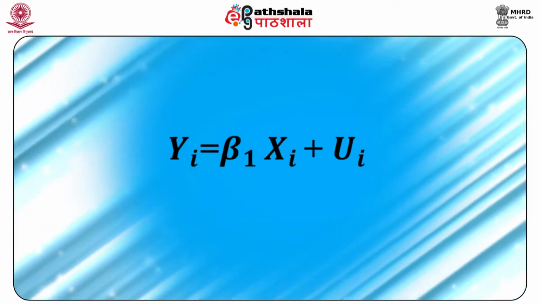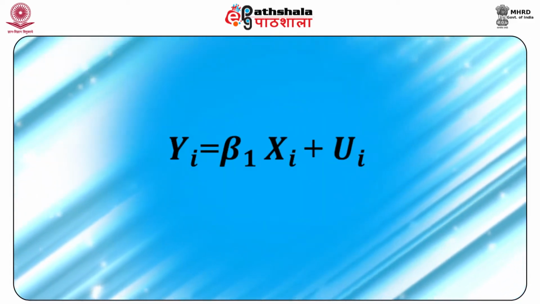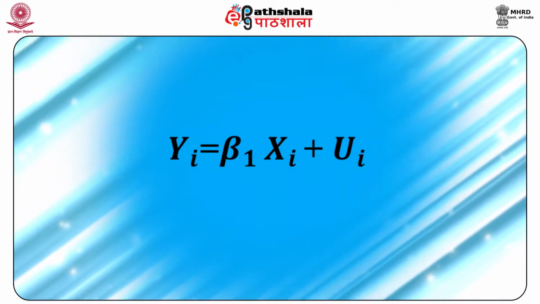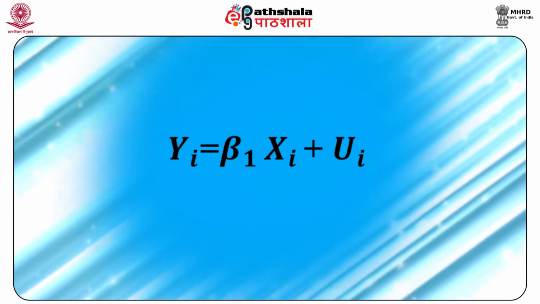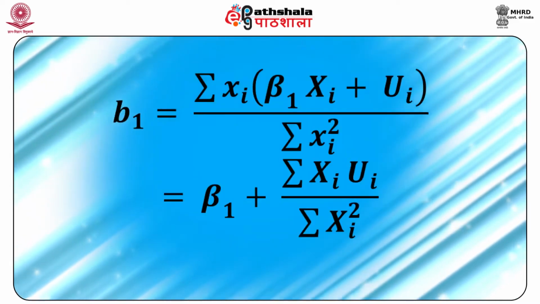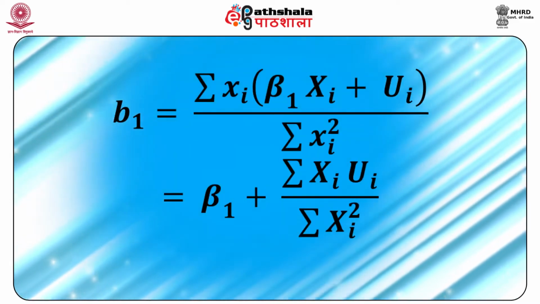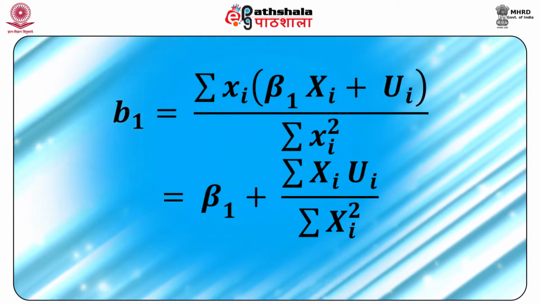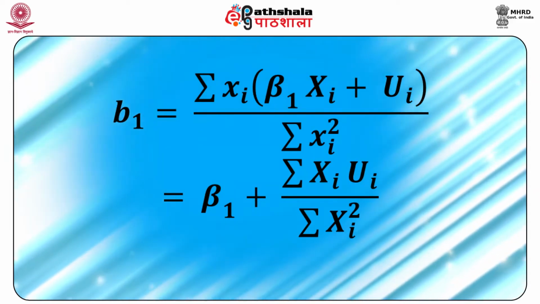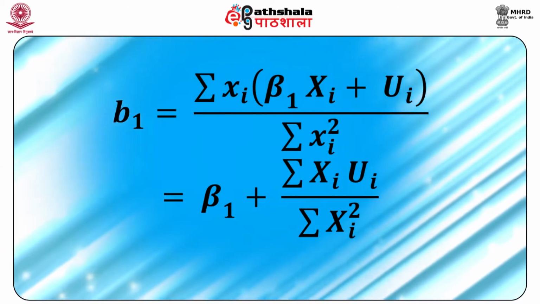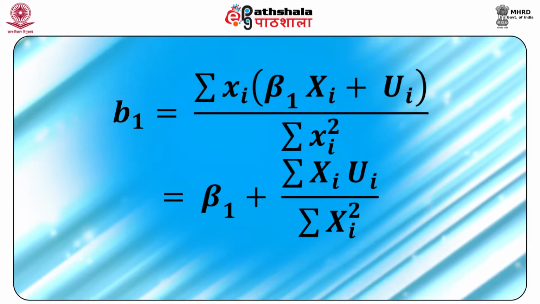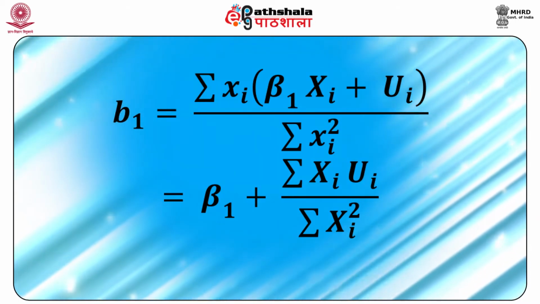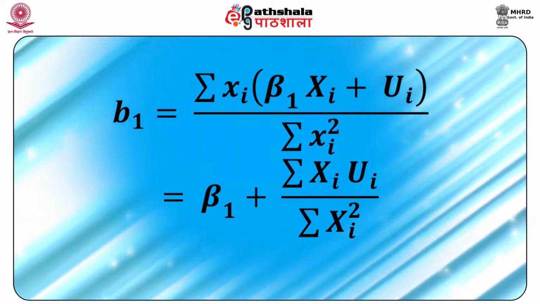Now if you substitute the population regression function, which is Yi equal to beta 1 Xi plus ui, into this equation, we will have b1 equal to sigma Xi into (beta 1 Xi plus ui) upon sigma Xi square, which gives us b1 equal to beta 1 plus sigma Xi ui upon sigma Xi square.